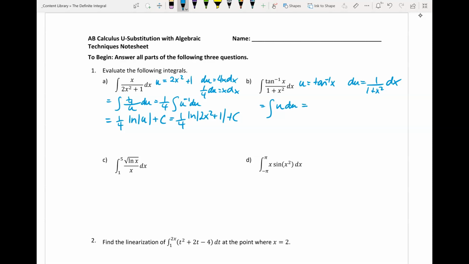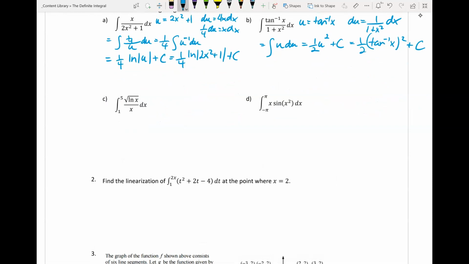Now we're going to reverse the power rule. So I'm going to add 1 to the exponent of 1 and divide by 2. Now I'm going to replace the u with tan inverse. And that is our final answer.